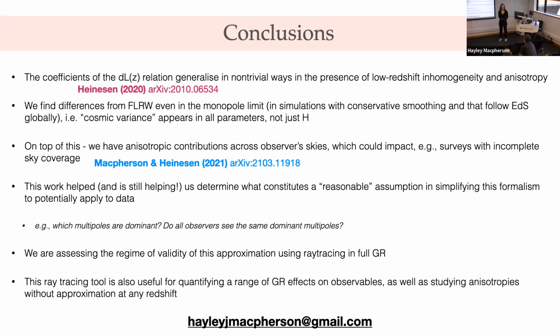Thanks for doing this, Hayley. So on the subject of expanding your description by including more terms in your Taylor series and so on, I guess the question is, what is the ultimate goal? Because the goal, of course, is to accurately describe the structure along every line of sight. I understand that you need lots of terms, and one can ask whether the Taylor series is the best way to do it, or whether you want some different representation at some point.